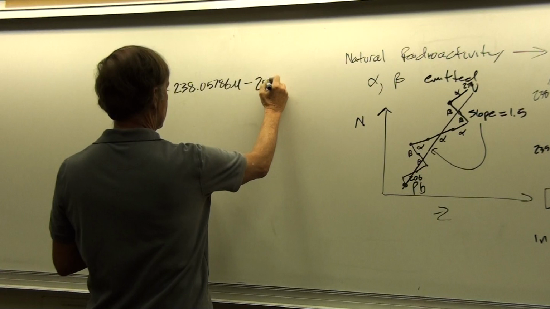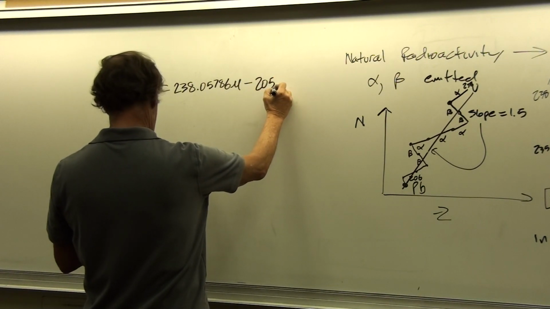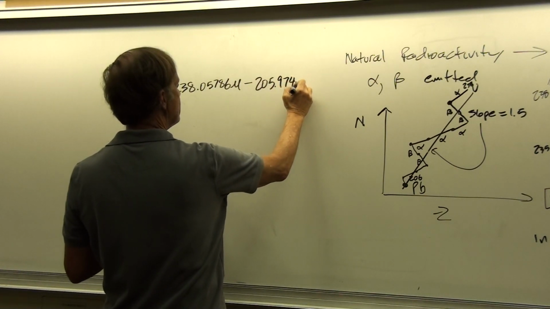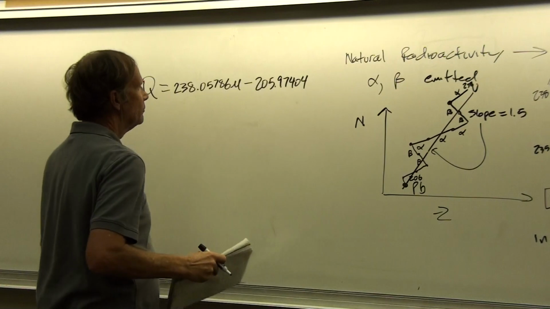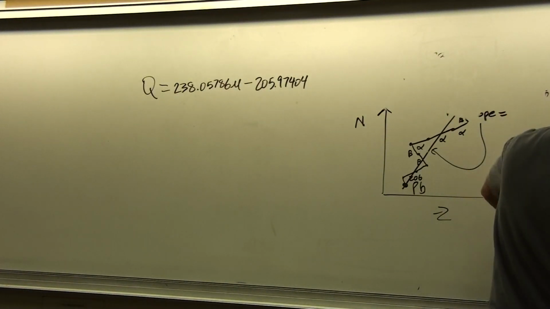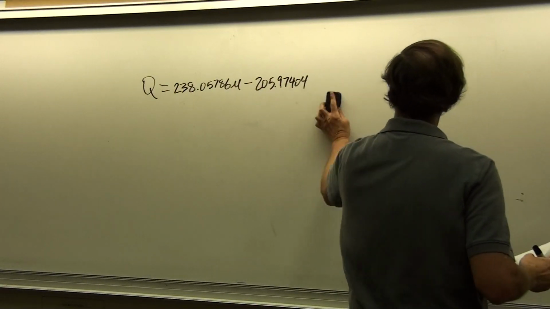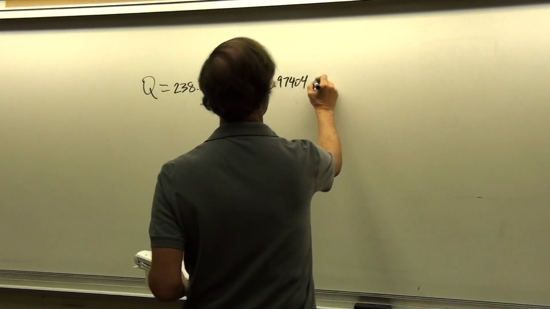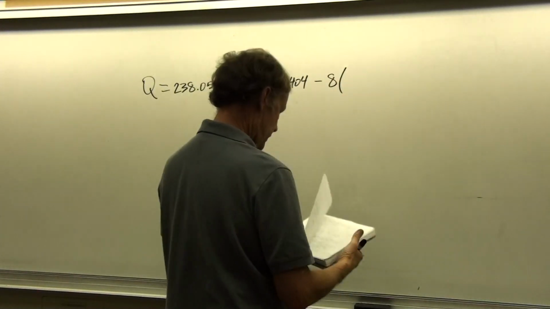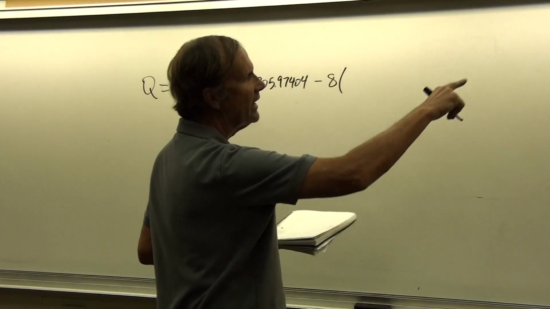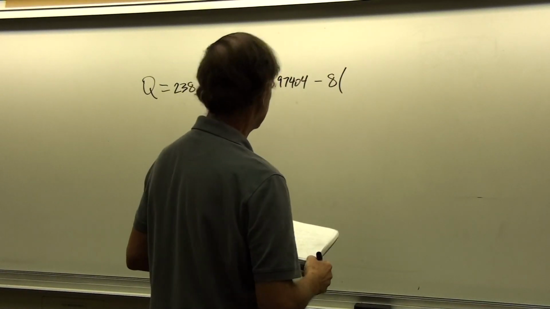That's going to be 205.97404 minus 8 times the mass of an alpha particle, because there are 8 total alpha decays in that natural radioactive sequence.